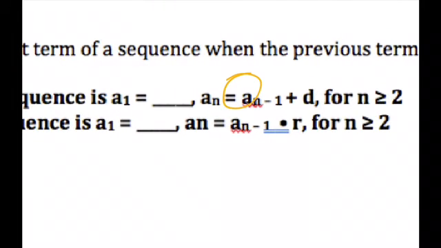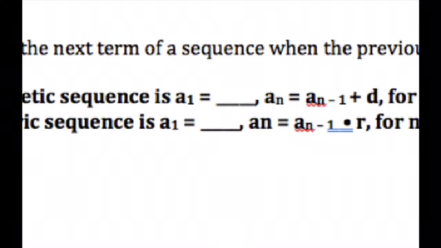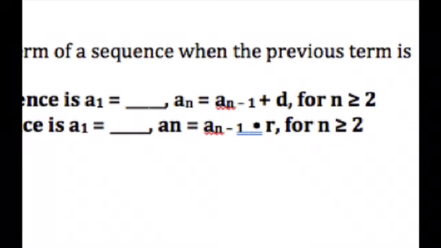Then we also have a sub n. Any term, the way I can find any term, is I take a sub n minus 1, the term before it, and add d to it. Now this only works for n greater than or equal to 2. The reason we say that is because you have to know what a sub 1 is in order for this to work. So it doesn't work for the first term, it only works for the second term or higher.